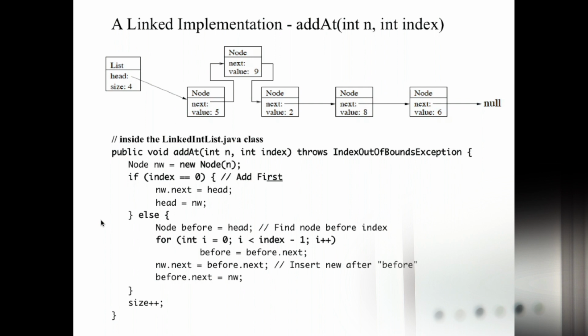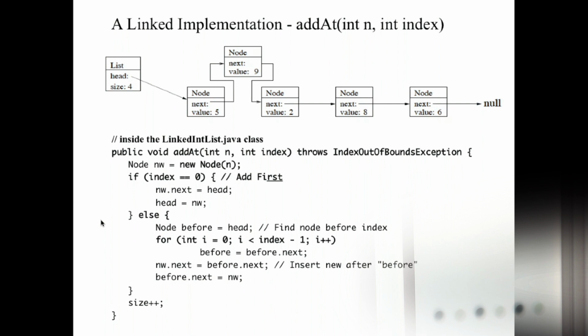So, for example, I want to add a new element with the value new in between these two nodes. What I need to do is find the element before the index where we want to add the new element. And once you have found the before element, you can take its next and assign the new node to this next.